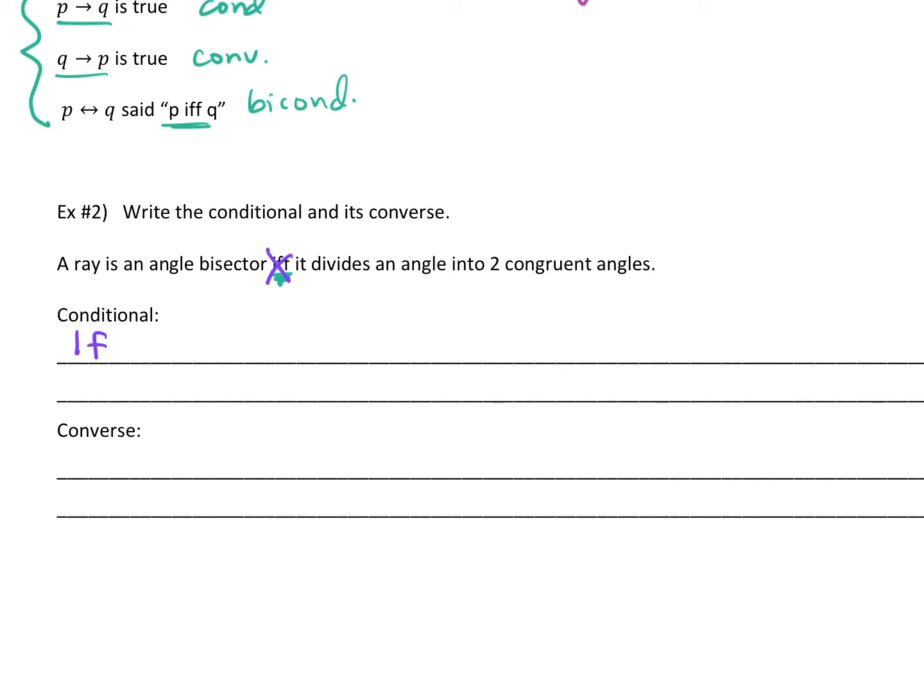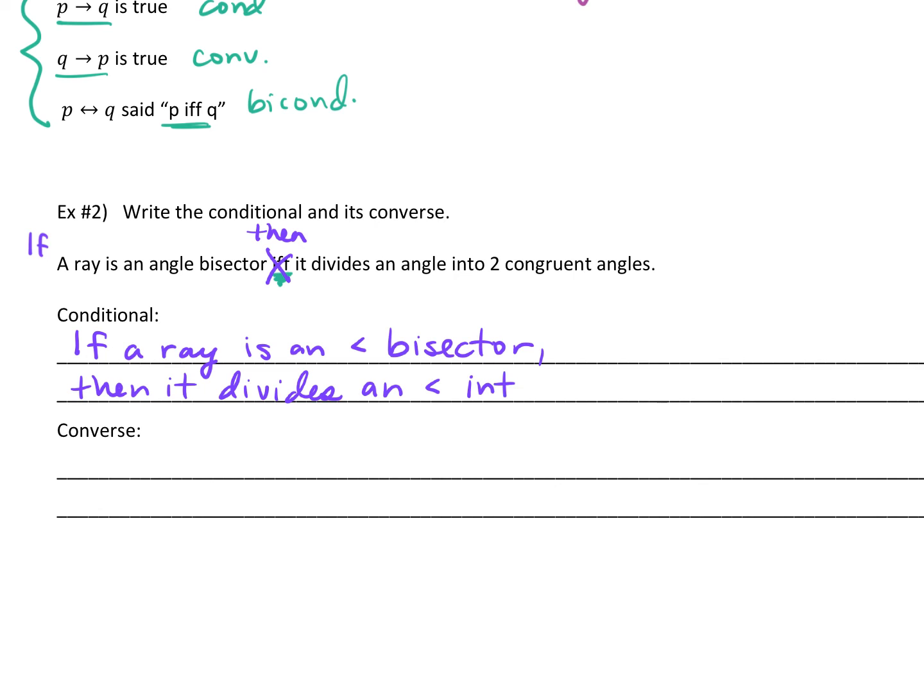So take this out, put in the if-then, right? It's just the reverse of what we just did. So now we're going to say, if ray is an angle bisector, then it divides an angle into two congruent angles.